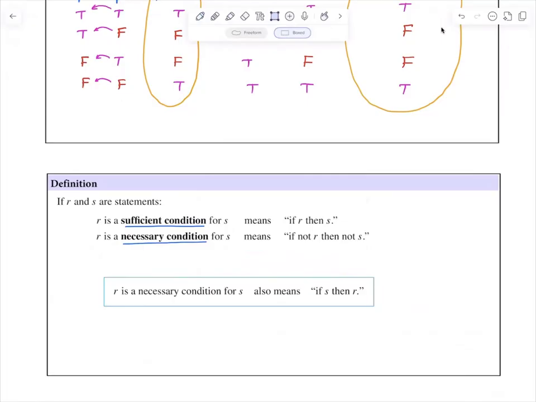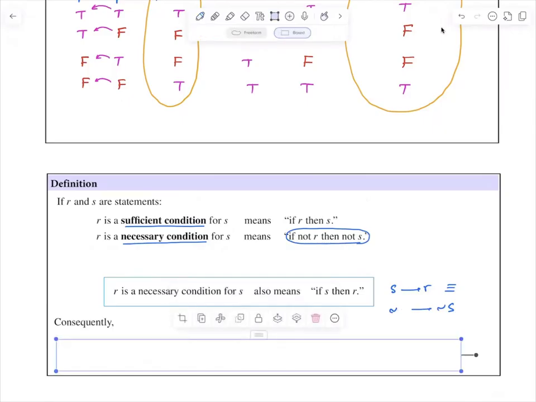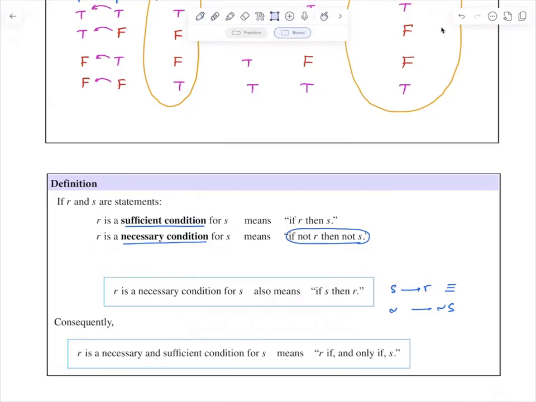R is a necessary condition for S also means if S, then R. Remember that this is equivalent to not R, then not S. This is basically the contrapositive of S then R. R is a necessary and sufficient condition for S, it means that R if and only if S.